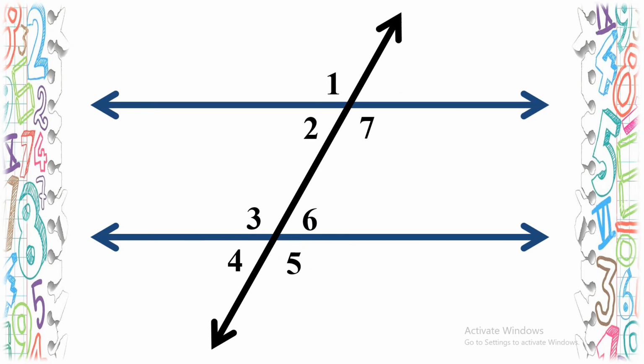So, if angle 8 measures 65 degrees, what's the measure of angle 4? You're right. It should also measure 65 degrees because they are alternate exterior angles. And like what we have said a while back, alternate exterior angles are congruent.